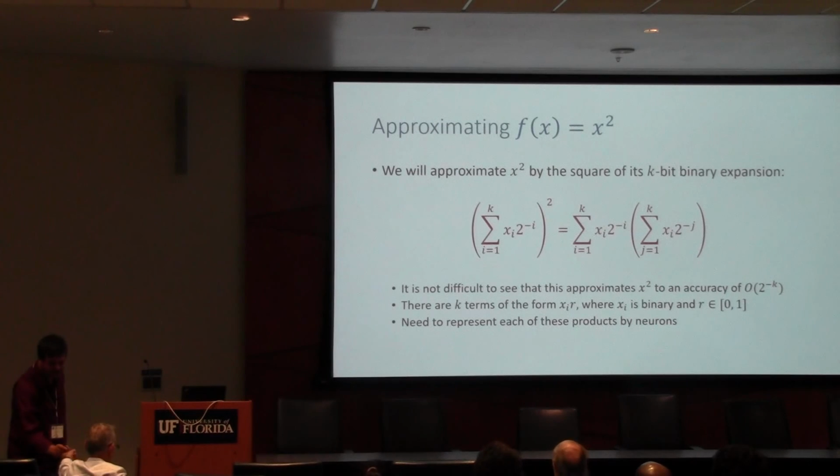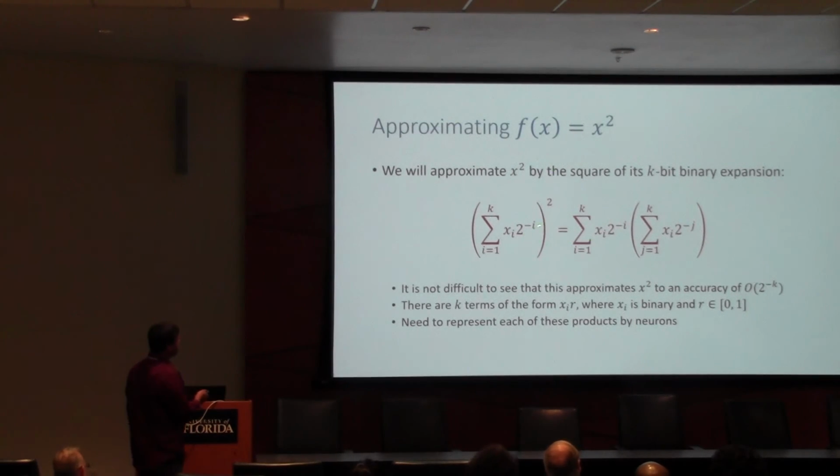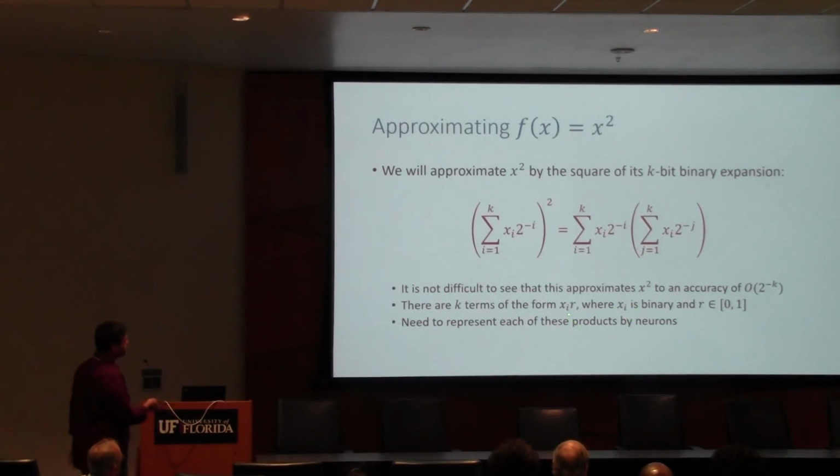So this is just the square of the binary expansion of x, which can be written as a sum of x_i times 2 power minus i, multiplied by itself. If you look at each of these terms, there is a weight 2 power minus i, and you're multiplying a bit by a real number. So the only thing I have to show you is that a bit multiplied by a real number can also be represented by a neuron.